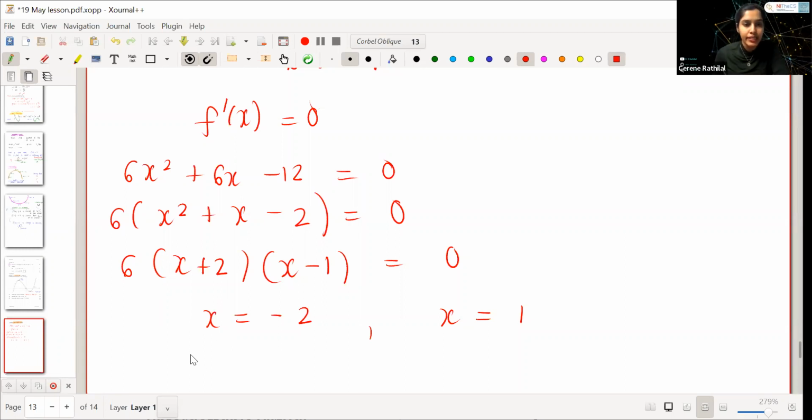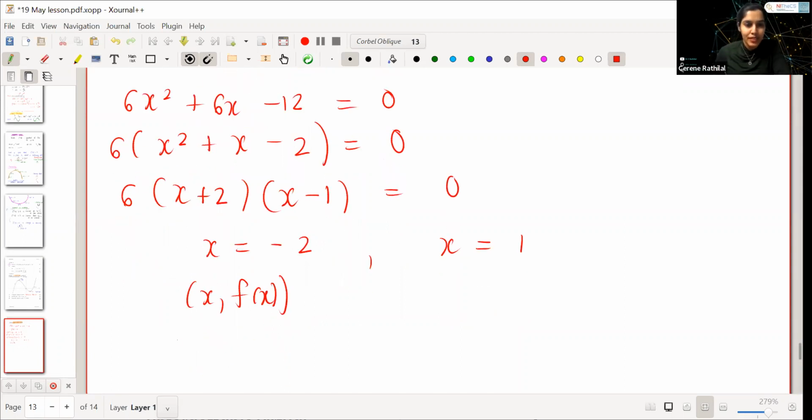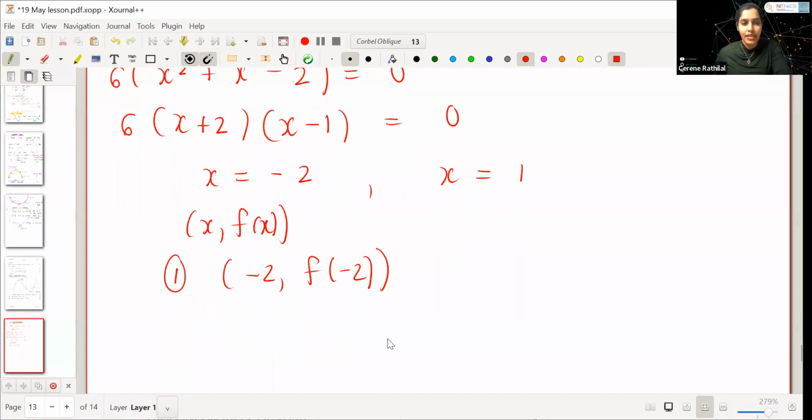So I need to find x comma f of x for each of these x values. So the first one would be -2 comma f at -2. That's what I need. And the second coordinate is +1 comma f at +1.